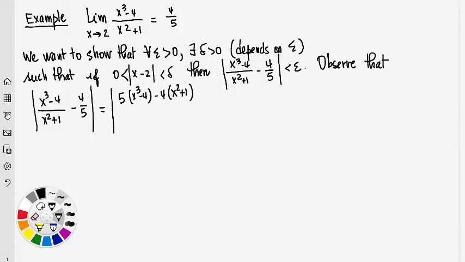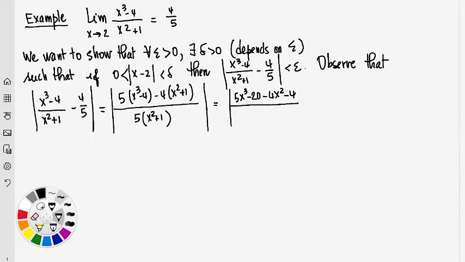This is just pure algebra. So that will be the absolute value of (5x cubed minus 20 minus 4x squared minus 4) over 5 times (x squared plus 1).